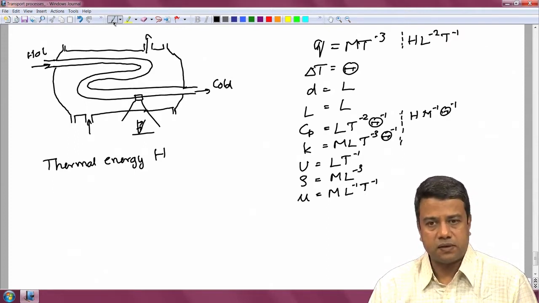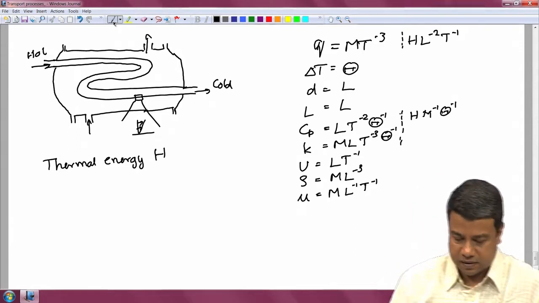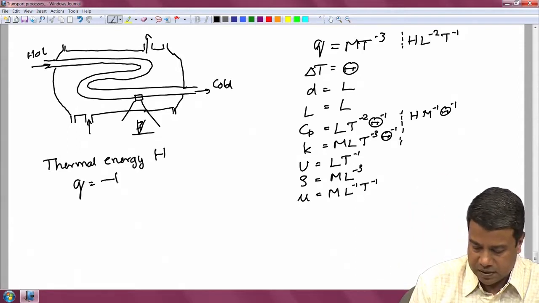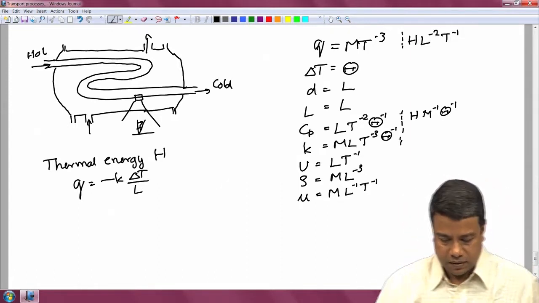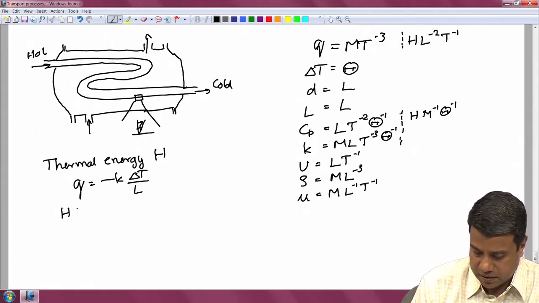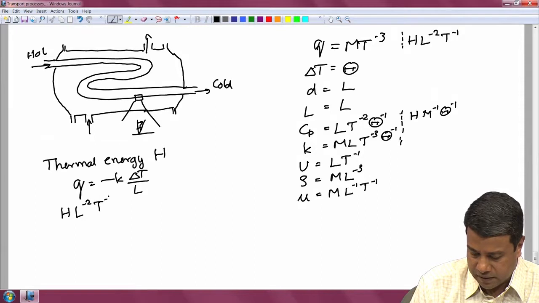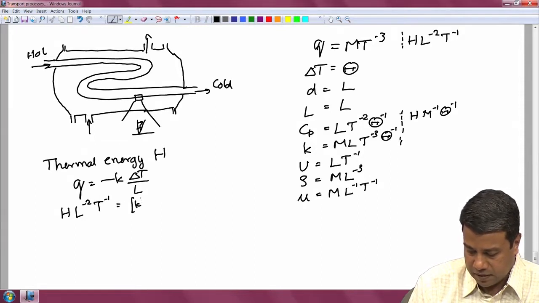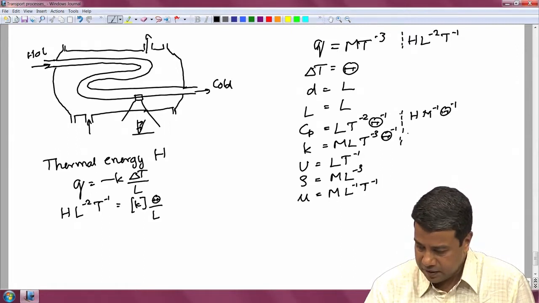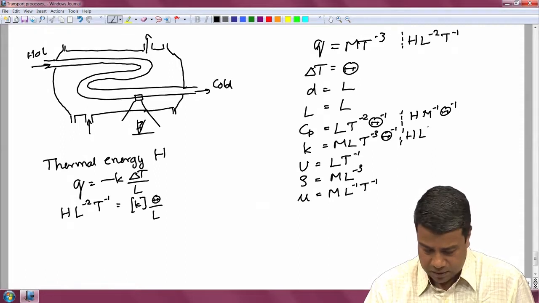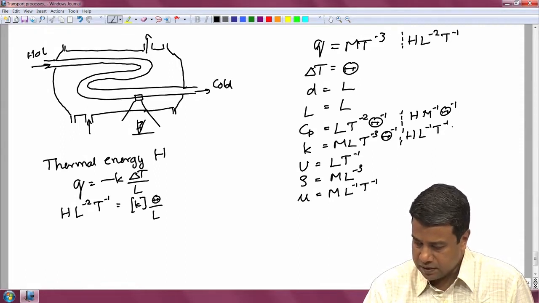In this case, it is the constitutive relation, Fourier's law for heat conduction: Q is equal to minus K delta T by L. Now, Q has dimensions of H L power minus 2 T inverse, which is equal to the dimension of K times theta divided by L. And therefore, you can see that the dimension of the thermal conductivity has to be H L inverse T inverse theta inverse.